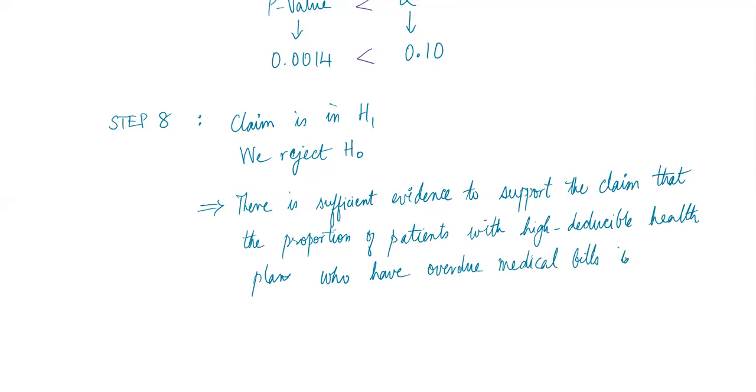So we are rejecting H0, which means we're saying there's sufficient evidence that this is greater than 65%. So there is sufficient evidence to support the claim that the proportion of patients with high deductible health plans who have overdue medical bills is greater than 65%.